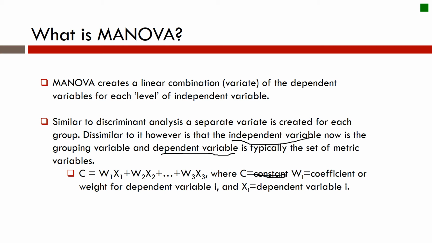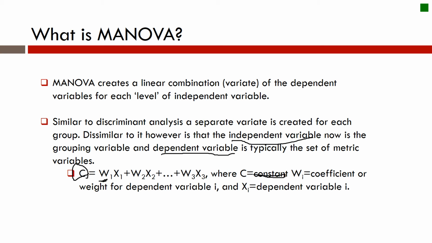So it might be word of mouth, and then it might be sales, and so on. Each respondent then has one of these scores calculated for them, and the weight that's estimated is used by MANOVA to create this calculation that we have.